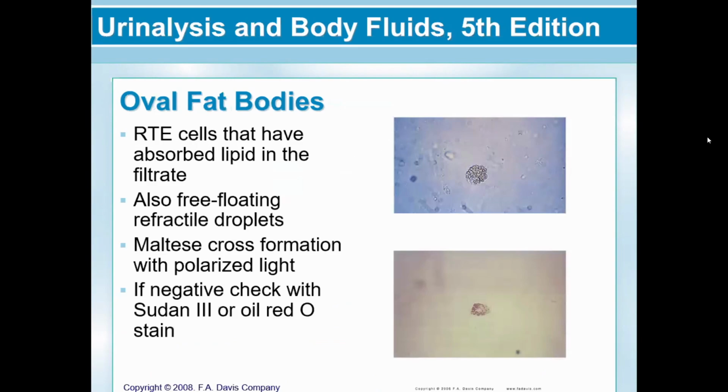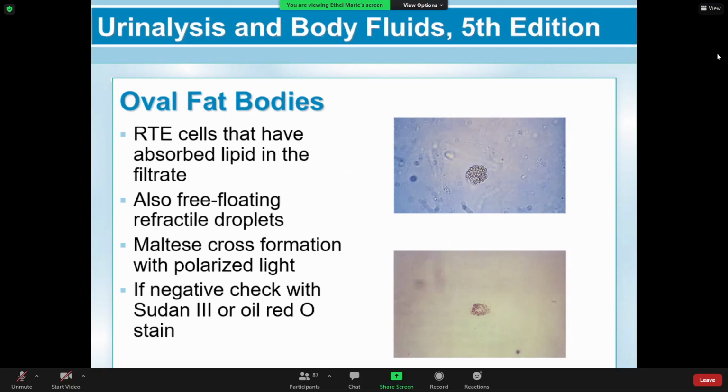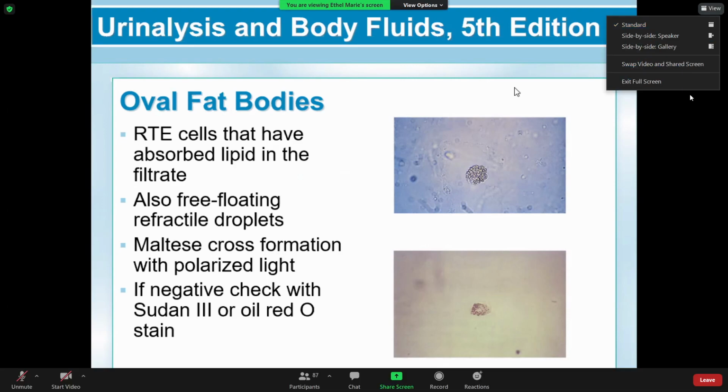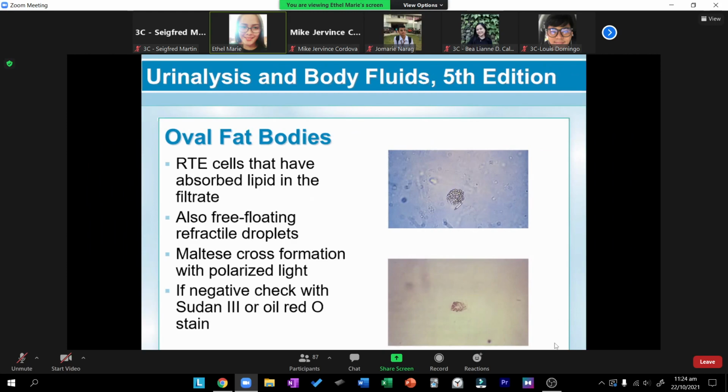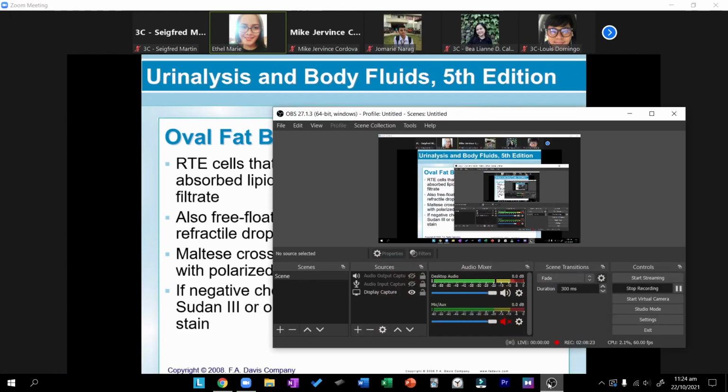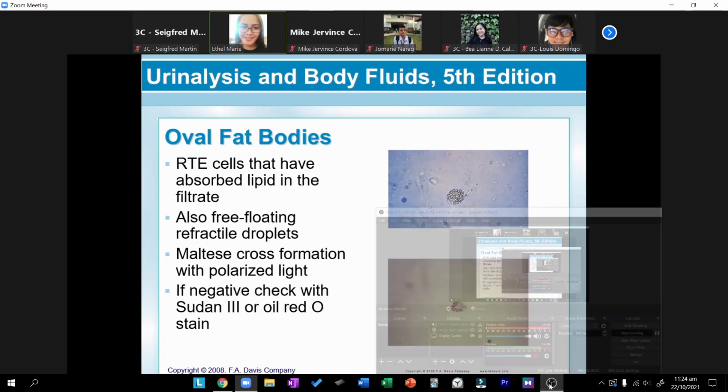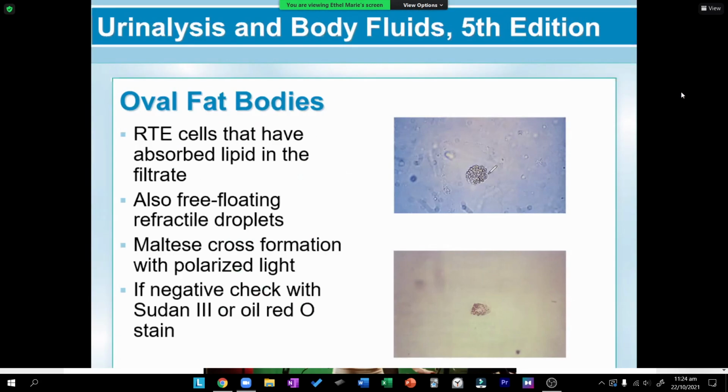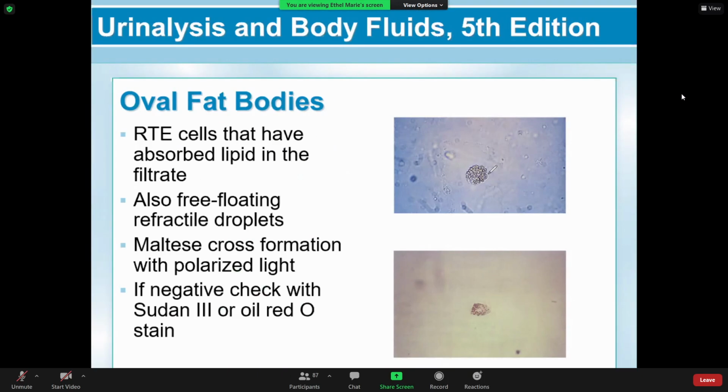Okay. So next, we have here naman your oval fat bodies. So adding yung oval fat bodies po natin, they're actually your RTE. Bilog sila. Ito yung mga bilog na RTE cells natin. So, saan to galing? Anong tubule to?